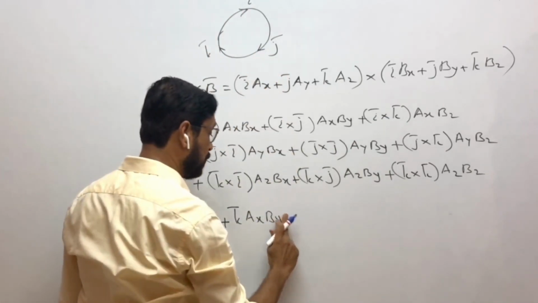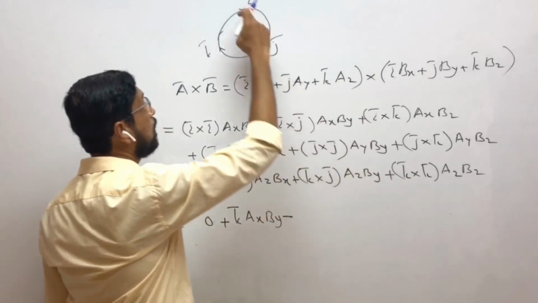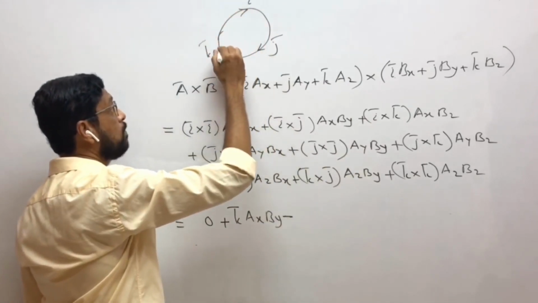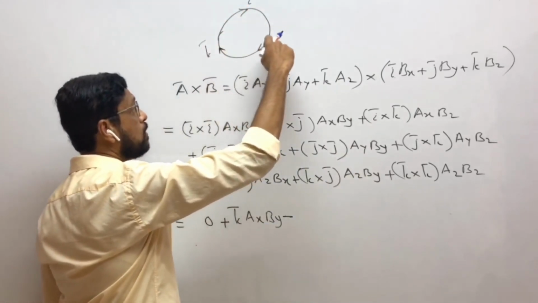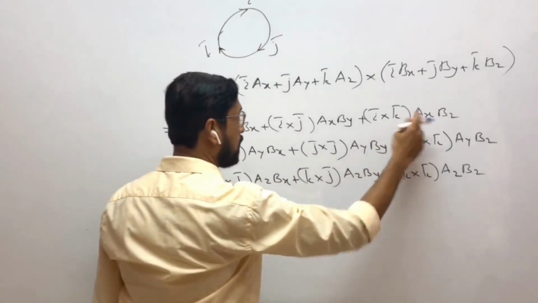Minus J. So plus minus will become minus. I cross K, we are going in the reverse direction. I cross K is equal to minus J into what?